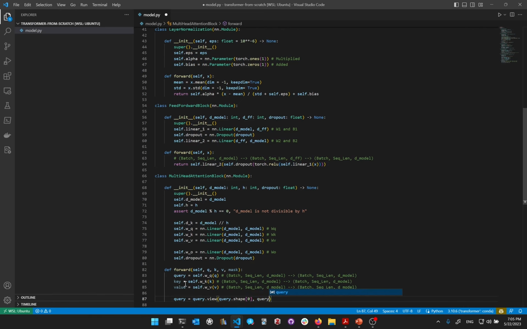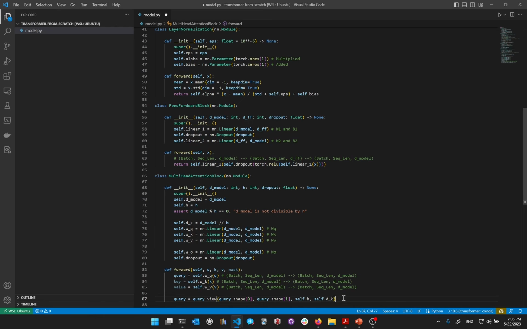We also want to keep the second dimension, which is the sequence, because we don't want to split it. And the third dimension, the D model, we want to split into two smaller dimensions, which is h by dk. So self.h, self.dk. As you remember, dk is basically D model divided by h. So this multiplied by this gives you a D model.